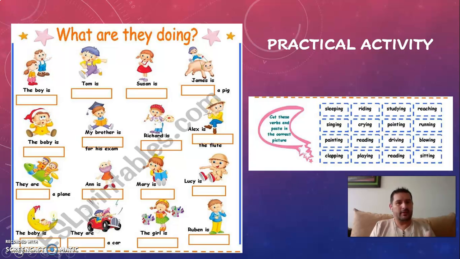Here is another practical activity, but it continues with the same progress and rules. So they have to add the verb in each one of the boxes to consolidate and create coherent sentences.